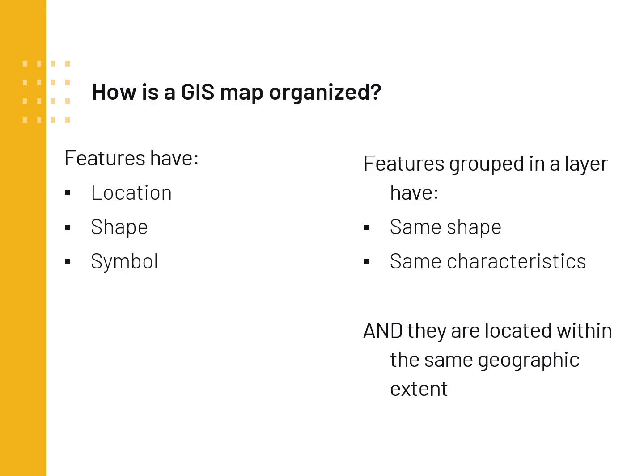Something that may not have been as obvious, though, is that these features are basically located in the same geographic extent, or approximately. So typically speaking, when you have a GIS layer, it's got some sort of area that it's representing. In our case, we had hotels for all of Nova Scotia. It'd be very unlikely that we would have hotels for a different country in that same file.